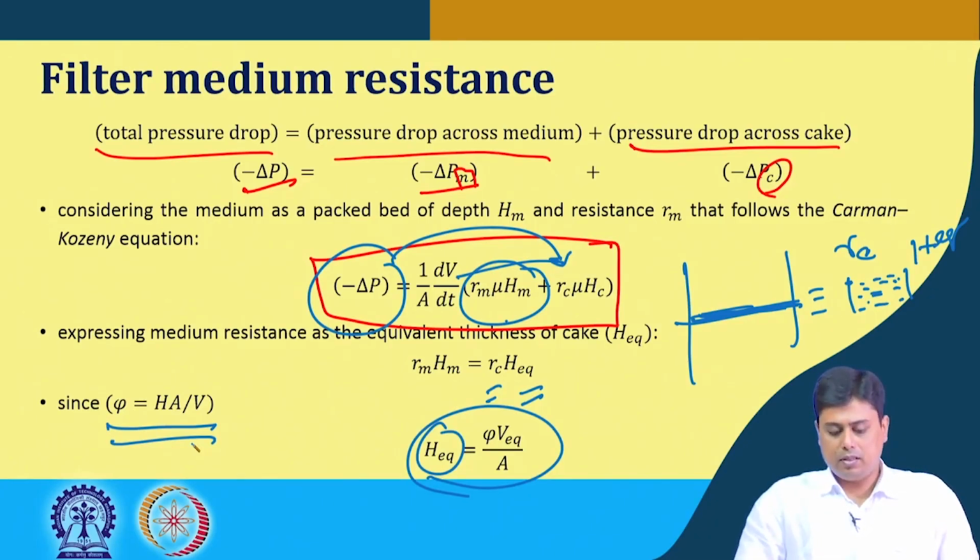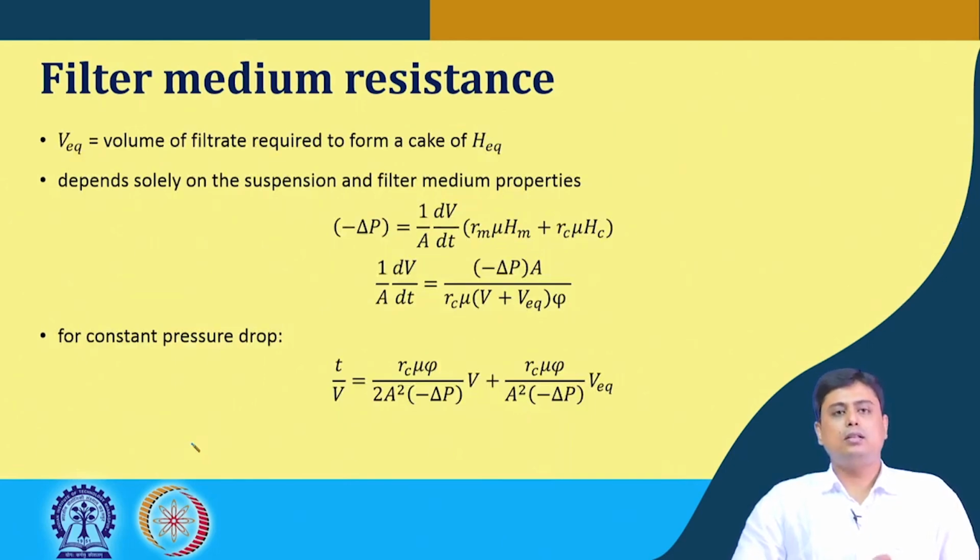If that happens, then this Veq is basically the volume of filtrate that must pass through the filter medium to form a cake of Heq, and this quantity depends solely on the suspension and filter media properties.